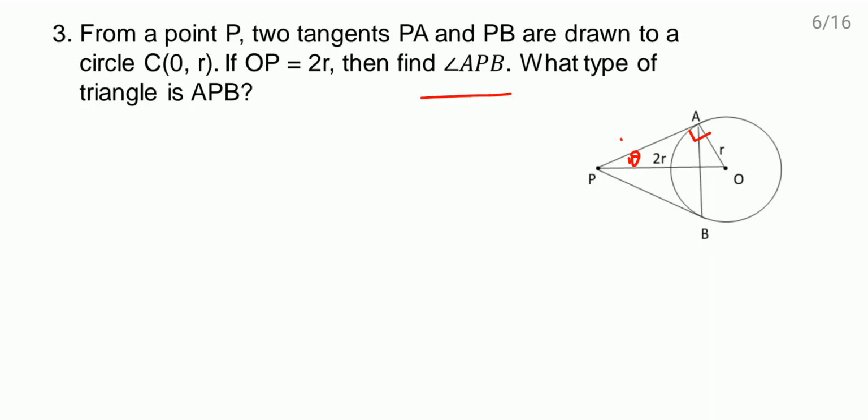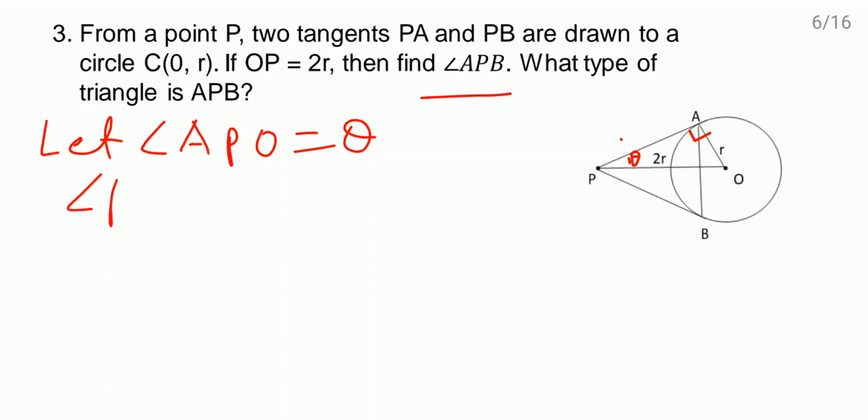Okay, chalo, let me write down here. Let angle APO be equal to theta, right? Then we can write down angle PAO, which is equal to 90 degree. Reason is what?